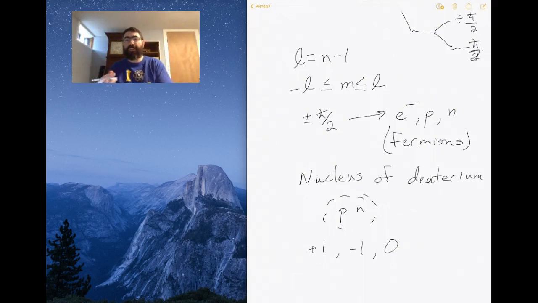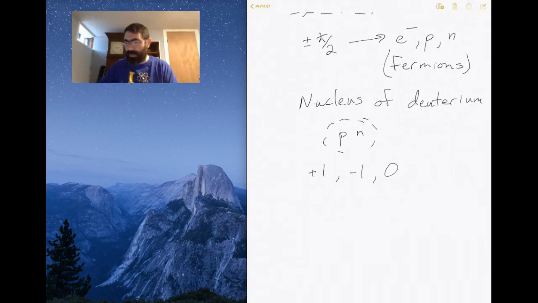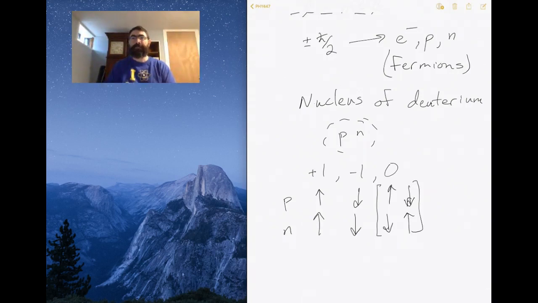So if I draw the spins of the proton and the neutron, in this case, the proton could be spin up, the neutron will be spin up, the proton will be spin down, the neutron will be spin down. And in this case, for 0, I have two possibilities: proton spin up, neutron spin down, or proton spin down, neutron spin up.